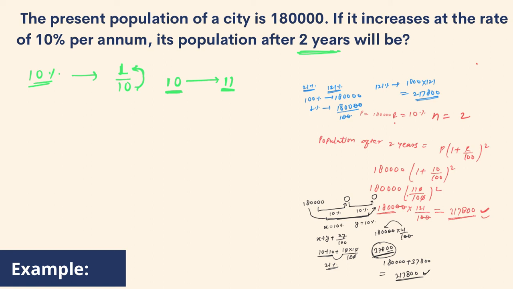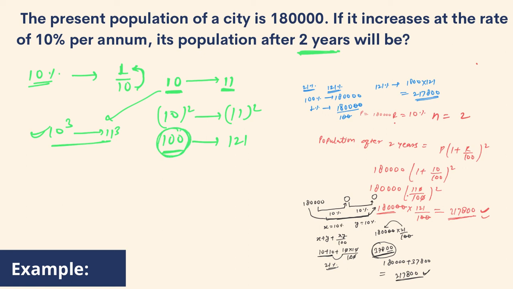So first the population is 10, then it becomes 11 every year. After 2 years, I will put a square here and here also. So 100 becomes 121 after 2 years. If it is 3 years, I will put 10 power 3 or 11 power 3, that I will teach later also. For now, the population after 2 years goes from 100 to 121.